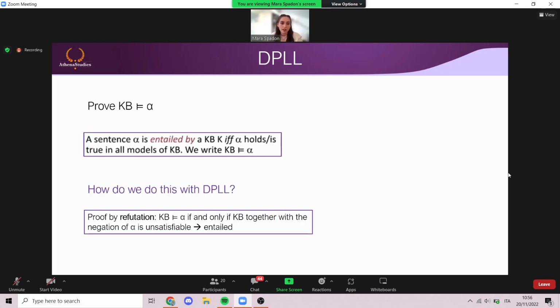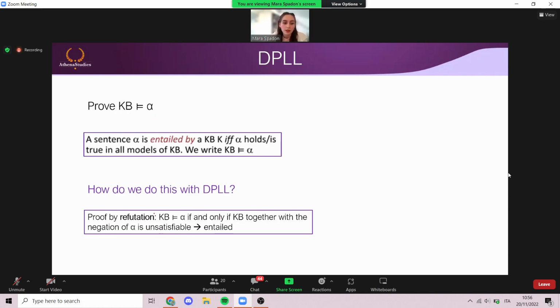So how do we check entailment? You can do this by proof by refutation. So you have to prove entailment again. We saw this, you can do this with a truth table, remember? A sentence is entailed by a knowledge base if and only if it is true in all models of the knowledge base. So how do we do this with DPLL when it shows you the opposite of entailment?